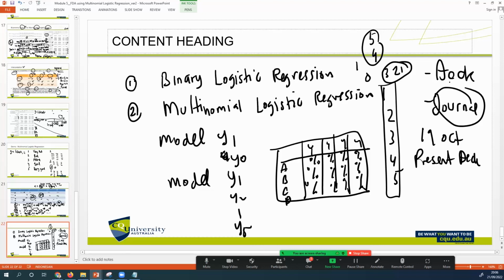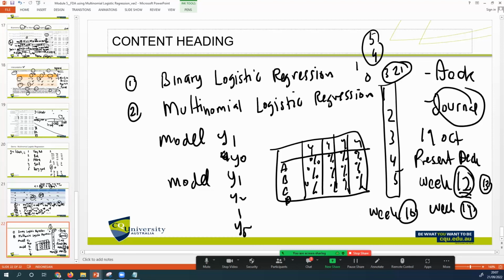You present in week 12. Today is week 10. You have 2 weeks to prepare and present the deck in week 12, and then week 13 will be a holiday. Week 14 will be the deadline for submission to Moodle.